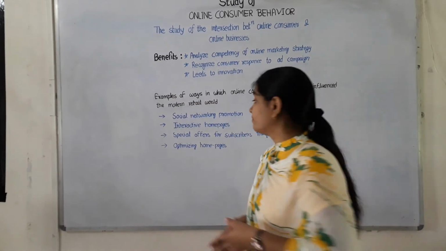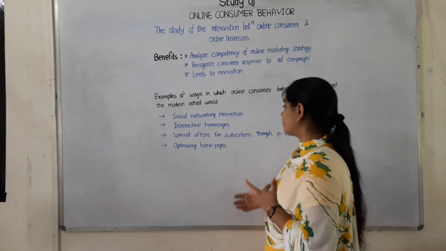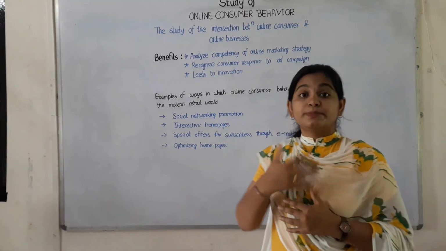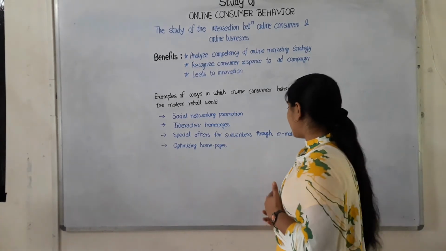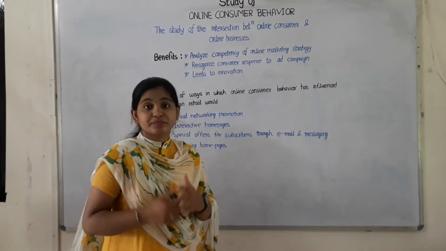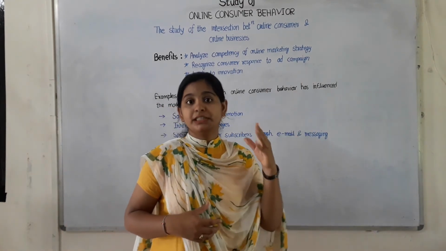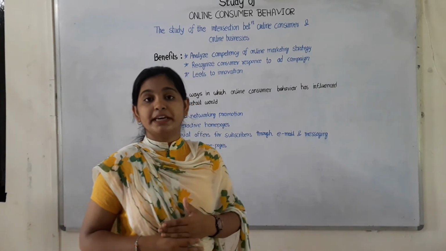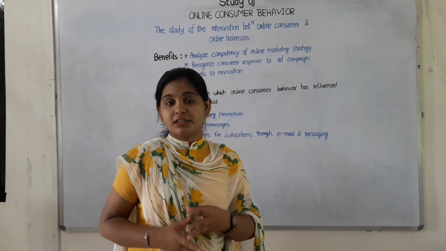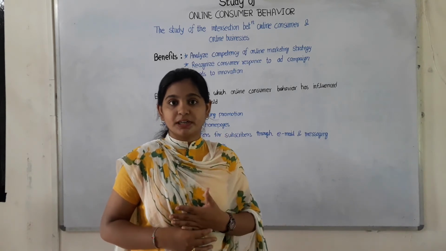The next example is that it offers various special offers to subscribers with the help of emails and messaging. By implementing this study of online consumer behavior, marketers profile individual customers, segment them and know the needs and wants of customers.